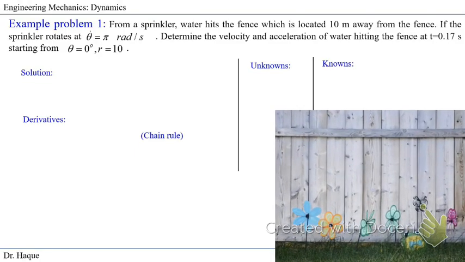The sprinkler rotates at theta dot equals pi radians per second, so d theta over dt is pi radians per second. The question asks us to determine the velocity and acceleration of water hitting the fence at t equals 0.17 second, starting from theta equals 0 and r equals 10.